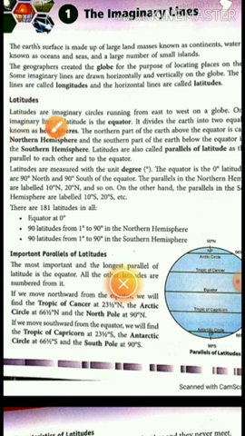Latitudes are imaginary circles running from east to west on a globe. This is the definition of latitudes. But in this definition we can find two characteristics of the latitudes. You have to remember the two characteristics.